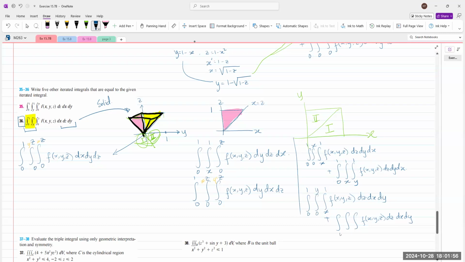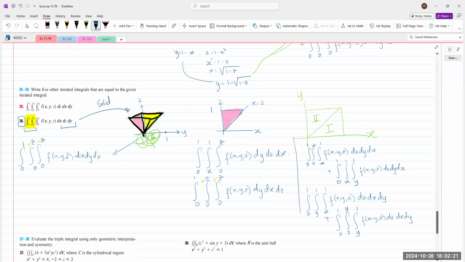I'm sorry, that's for the first region, my bad. For the first region, it should be from y to 1. This is from 0 to y, this is y to 1.